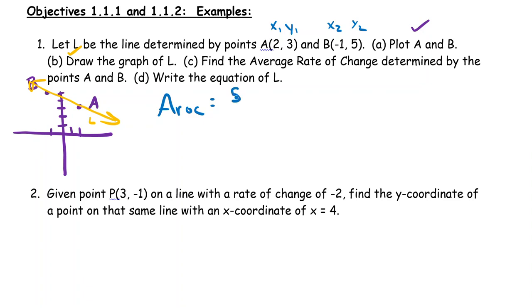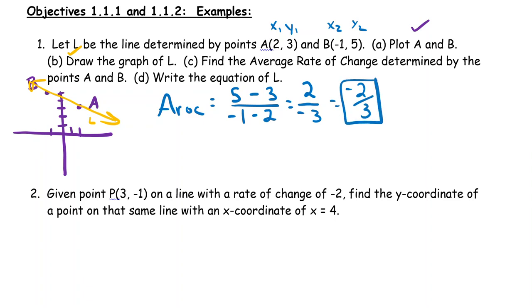So it's y2 minus y1 over x2 minus x1, and I end up with a positive 2 over negative 3. So my average rate of change is negative 2/3. And I did that. Check.